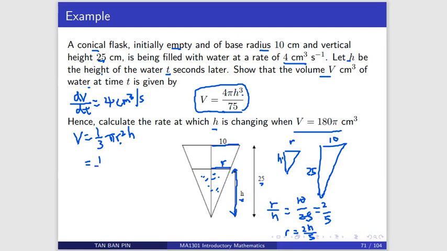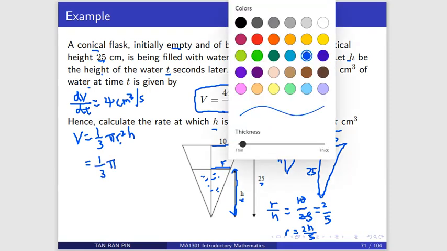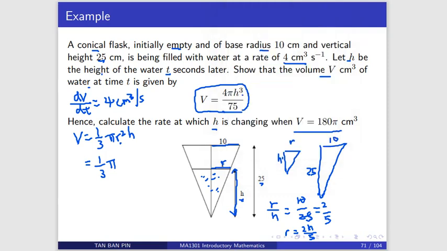So after you have found R is 2/5 h, you can substitute into the volume for the conical flask.